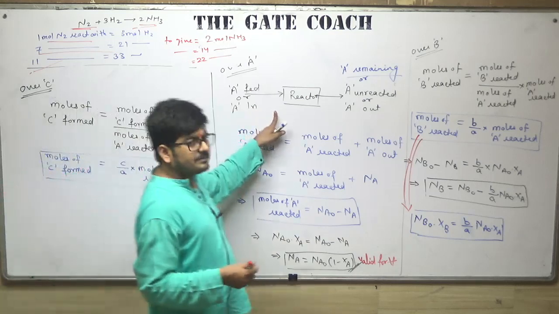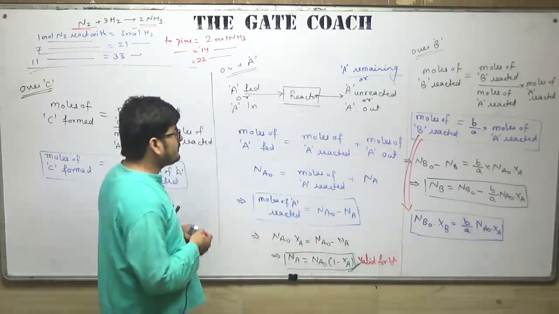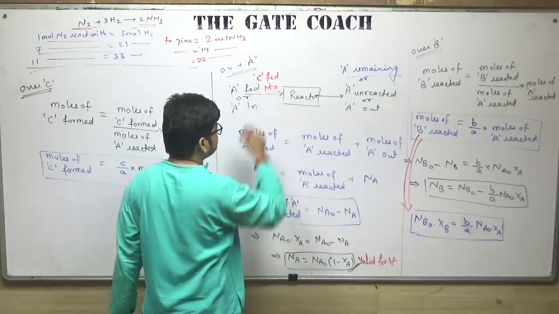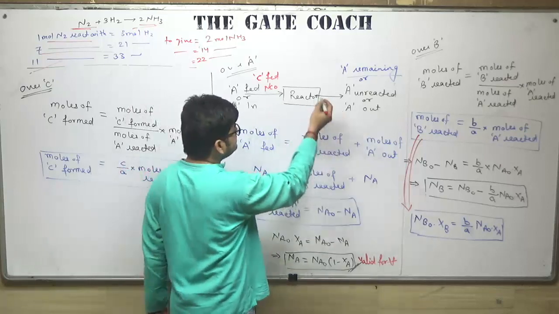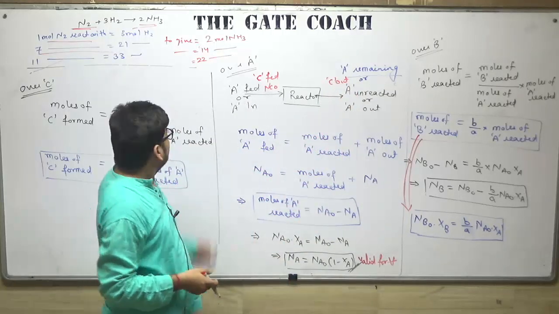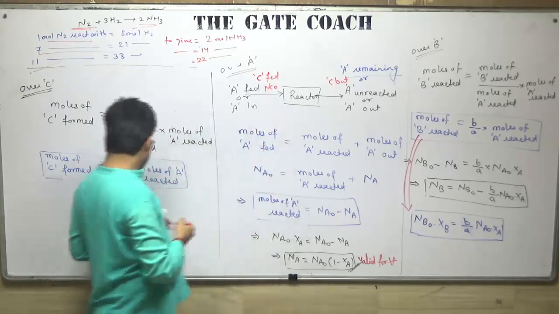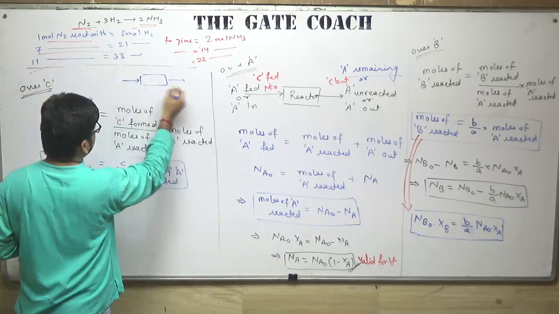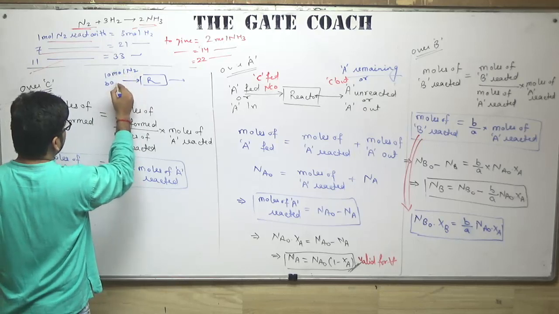So over the reactor, as C is the product, if you want to apply the mole balance over component C, what will that be? So I can write it as C fed, that is NC naught, plus reaction will occur, some of the C will form, and here I will get C out. For example, if I talk about the ammonia synthesis, suppose this is some reactor.